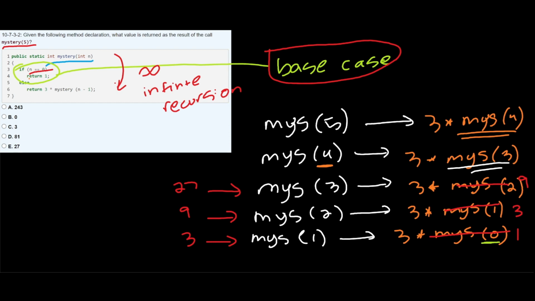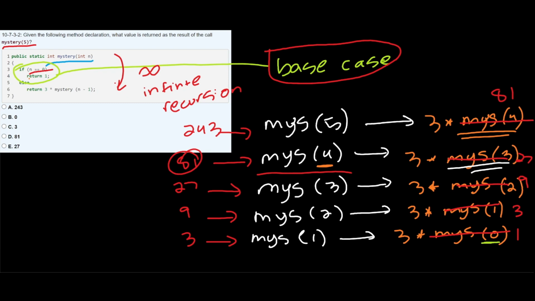Mystery 3 is 27, so 3 times 27 gives us 81. So now we know mystery 4 is equal to 81. Now we can replace this with 81, and we know that 3 times 81 is equal to 243.